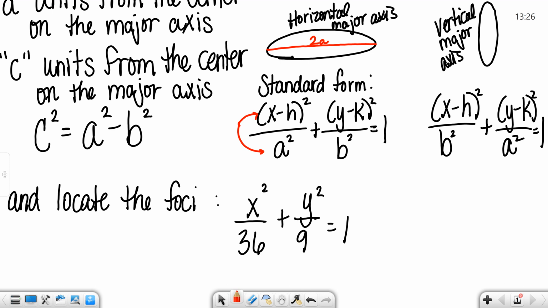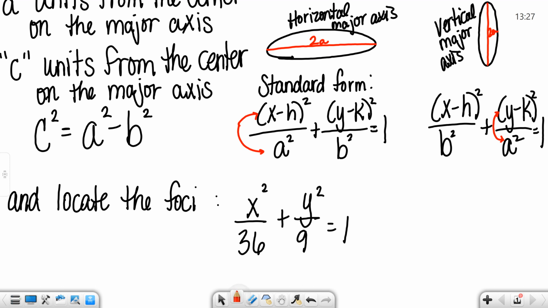For this other one, if I look at where a is, it is up under the y value. Well, y runs up and down, so this time our major axis runs up and down. The length of that line is 2a. So that's how we decide: is our ellipse laying down with a horizontal major axis, or standing up with a vertical major axis?